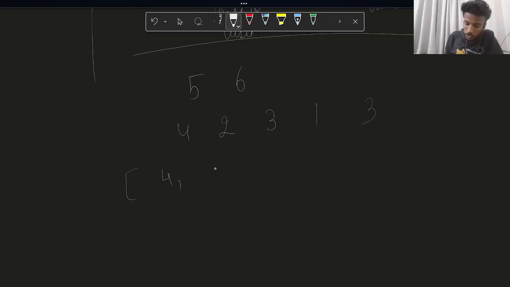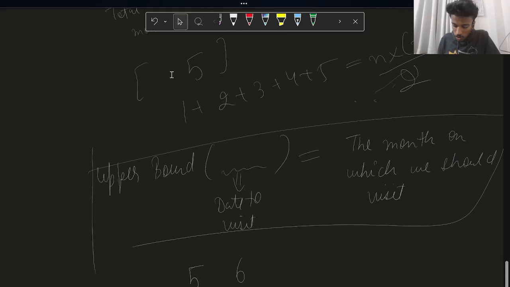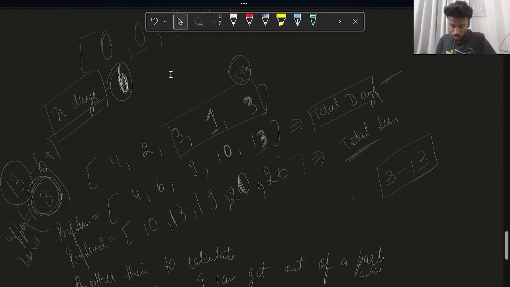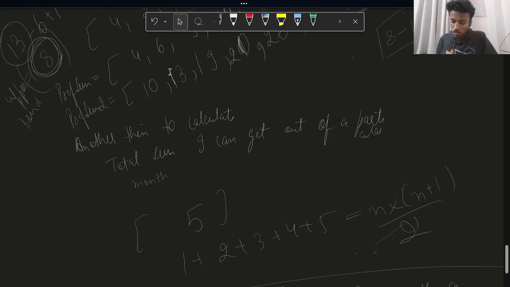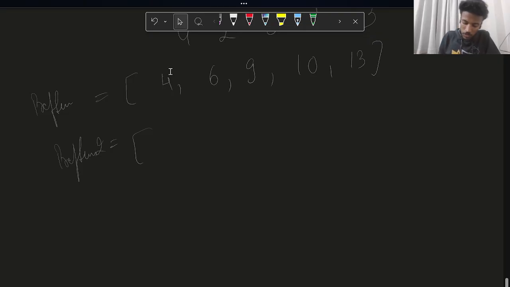Prefix sum 1, 4, 6, 9, 10, 13. This is prefix sum of days. And prefix sum 2 is of contributions. Okay. So what was the prefix sum 2? Don't want to calculate it again. 10, 13, 19, 20, and 26.